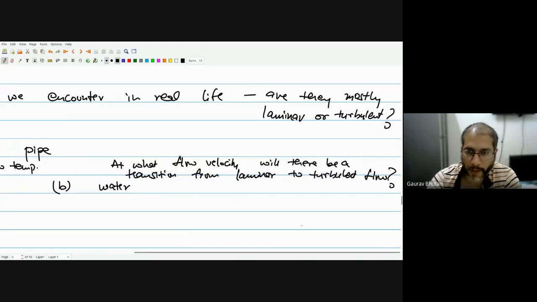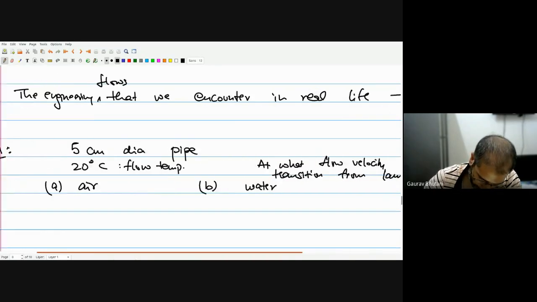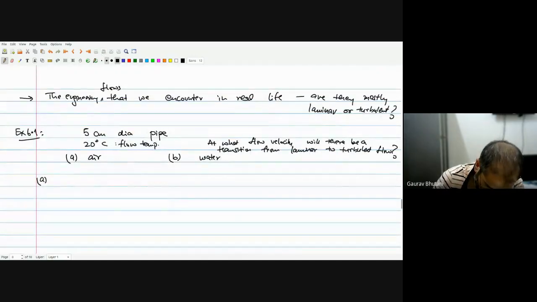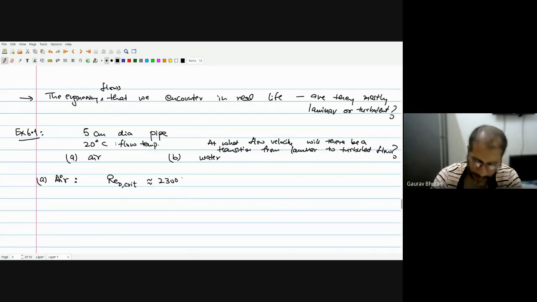So at what flow velocity will there be a transition from laminar to turbulent flow for these two cases? So let's start with the first case, that is for air. Okay, so the critical Reynolds number, as we just talked about, is approximately 2300. So the transition from laminar to turbulent flow happens inside a pipe at the Reynolds number of 2300.